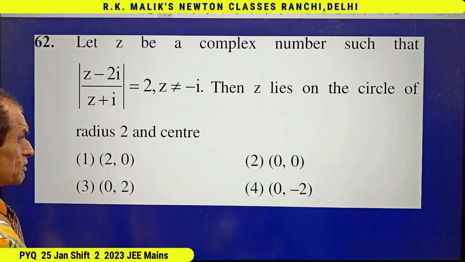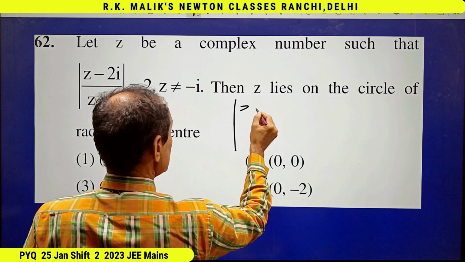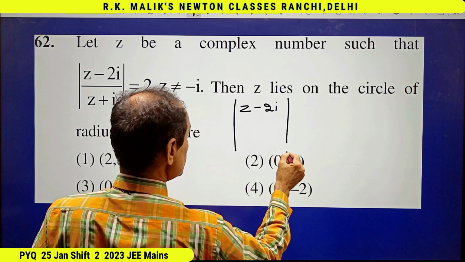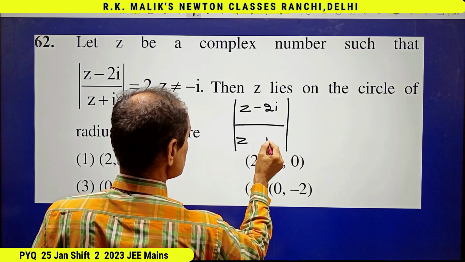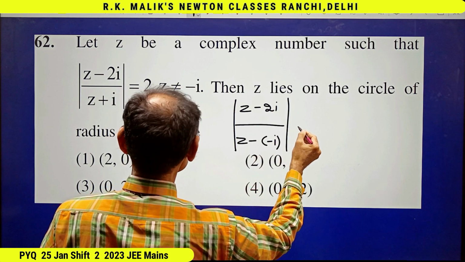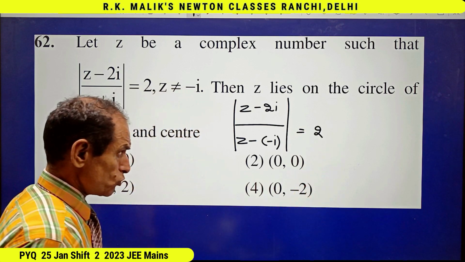Here this equation means mod of (z minus 2i upon z plus i) is equal to 2.